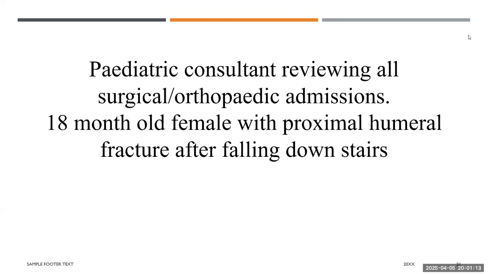I will ask social workers if they have any concern about the family, because an 18-month-old with a fracture can be accidental, but it can also be non-accidental injury. And if it's not non-accidental injury, it can be some sort of neglect, because she should be under the observation of her parents at all times.